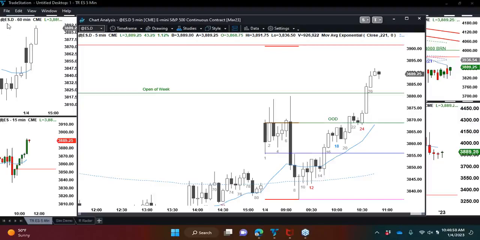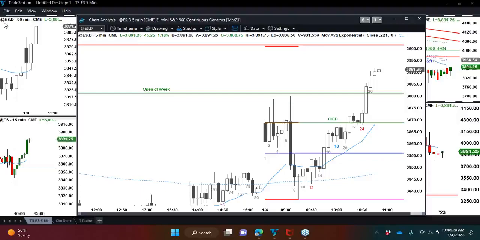Most traders are better off waiting here. You can buy the close, but you need a wide stop. And I suspect the market will have to pull back soon. For me, I'm not interested in buying up here.